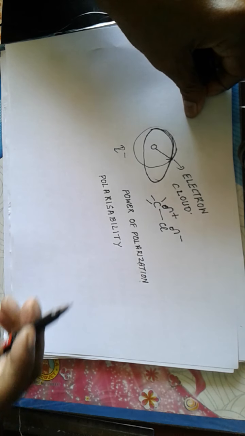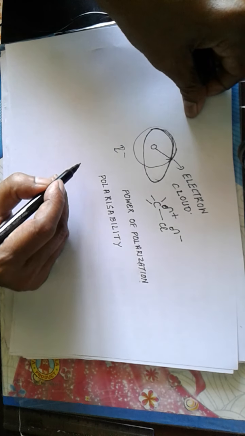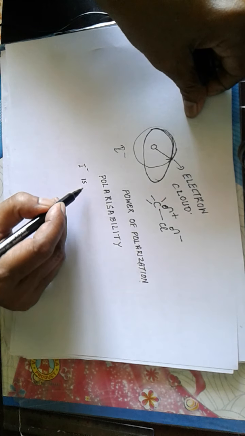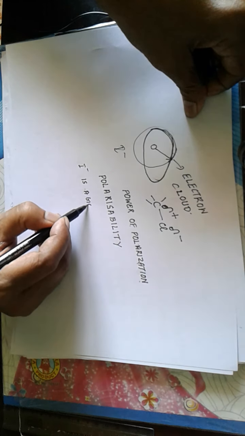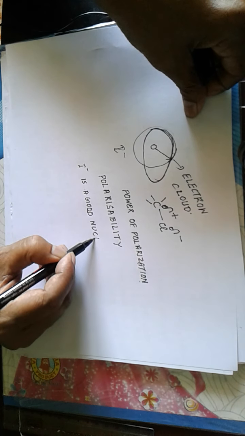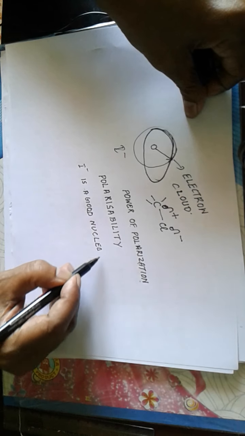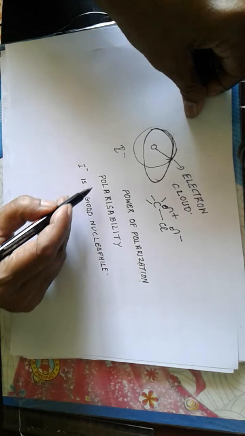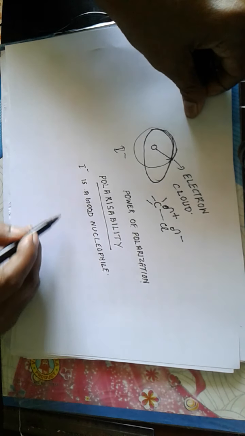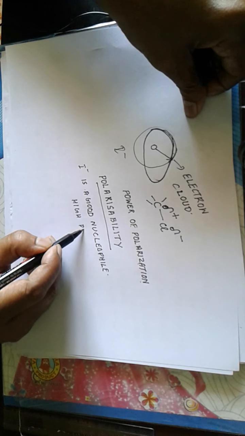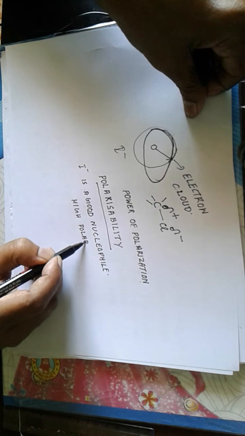And hence we say iodide is a better nucleophile. So iodide is a good nucleophile due to its high polarizability.